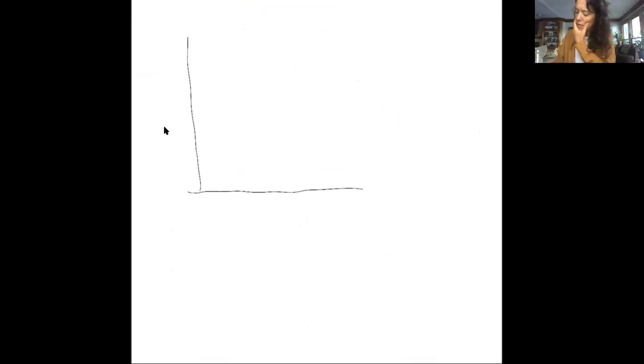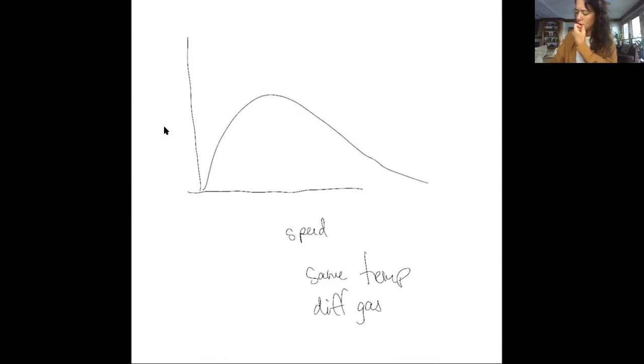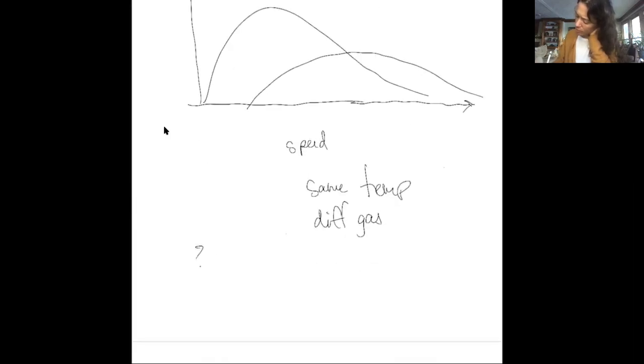So let's say that we have speed, same temp, different gas. I'm just going to draw two curves, and let's see if we could infer which one of these gases has a higher molar mass.